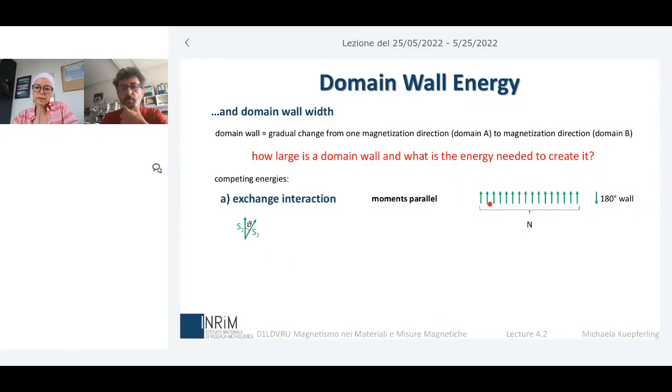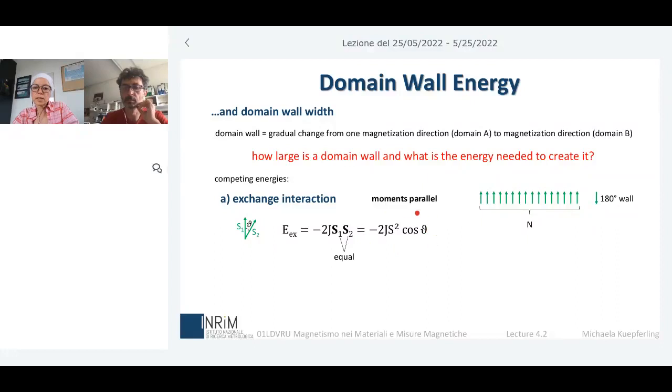We have to have a gradual change between these spin directions. So we will have a small angle theta between two neighboring spins S1 and S2. And exchange energy, if you remember, will be minus 2J S1 · S2.